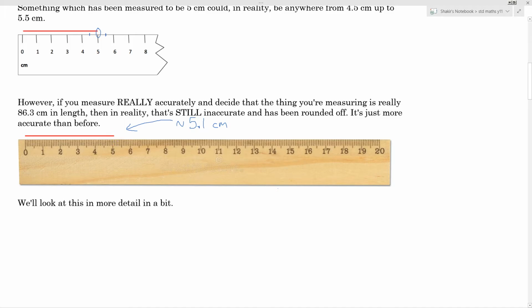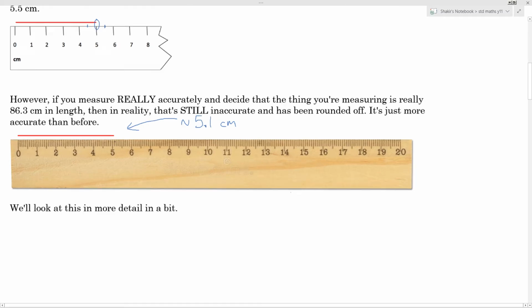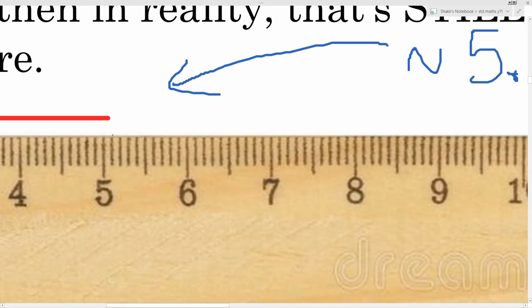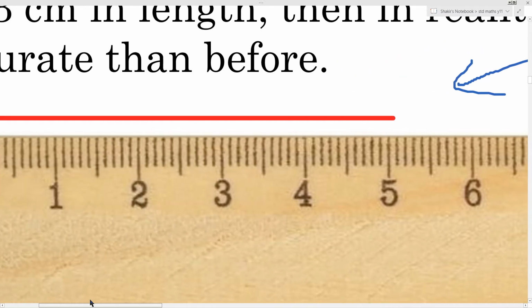Once again, my question is, does it start perfectly at 0 and does it end perfectly at 5.1? We can zoom in, and as you can see, I don't think it ends perfectly at 5.1. It has been rounded off to 5.1.